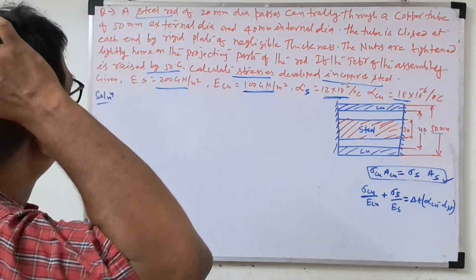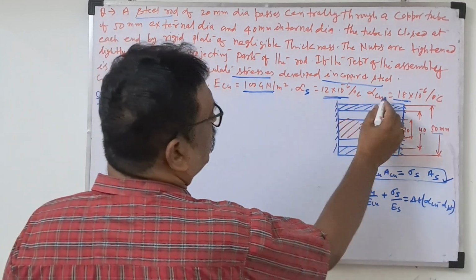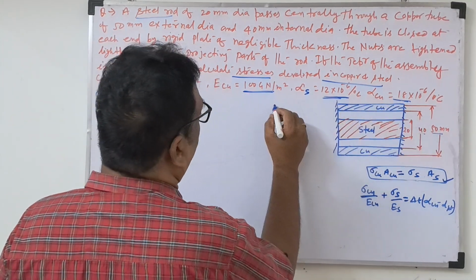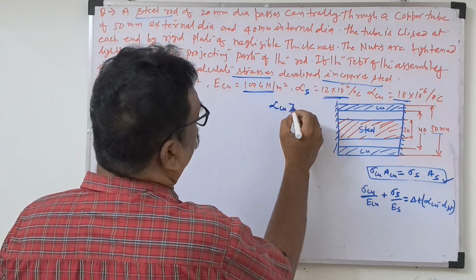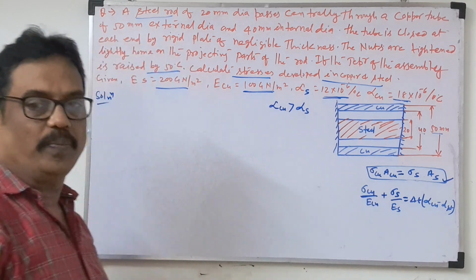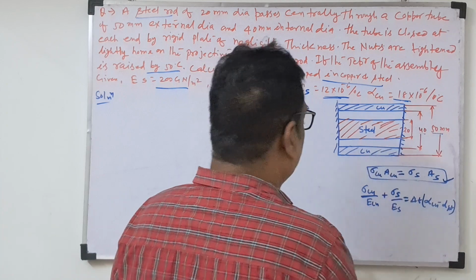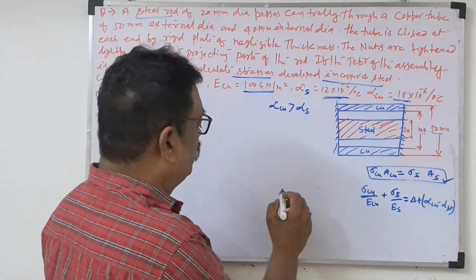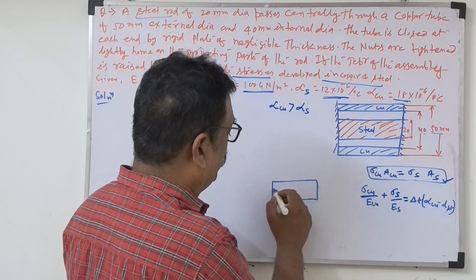Okay. So first, the coefficient of linear expansion of the copper is given as more. The linear expansion of the copper is greater than that of the steel. That means the copper bar will elongate more. The concept is simple: suppose two bars are there, copper and steel.